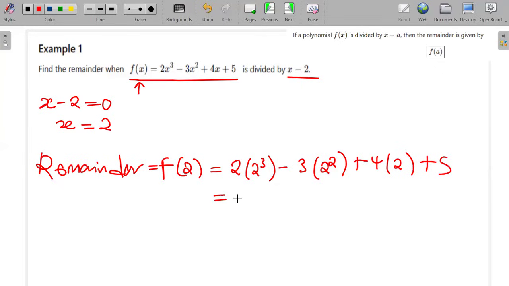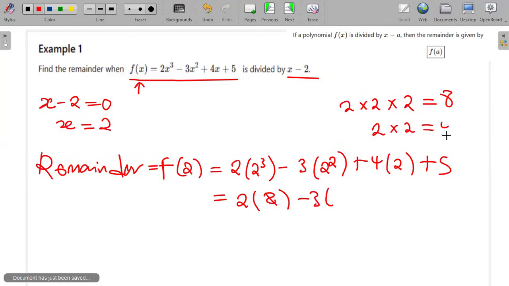So this is just going to be equal to 2, and then inside the brackets, this is 2 to the power 3, meaning 2 multiplied by 2 multiplied by 2. This gives me 8. Then minus 3, 2 to the power 2, that is 2 multiplied by 2, which gives 4. Then 4 multiplied by 2 is 8, and then plus 5.